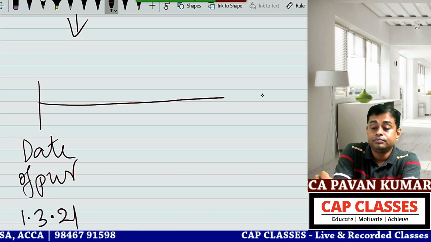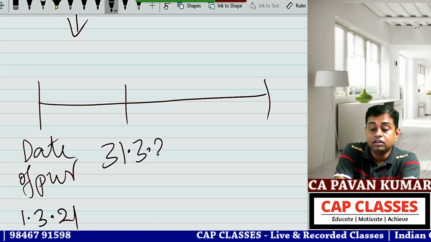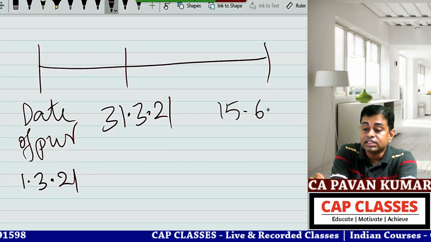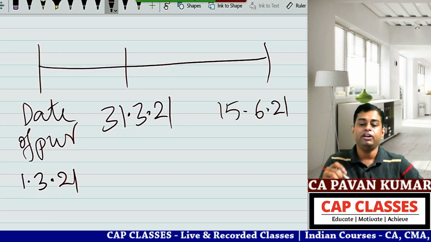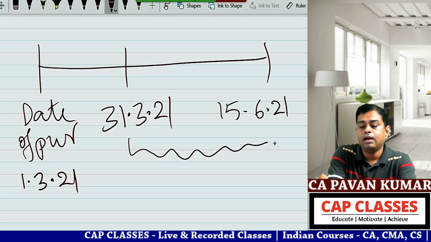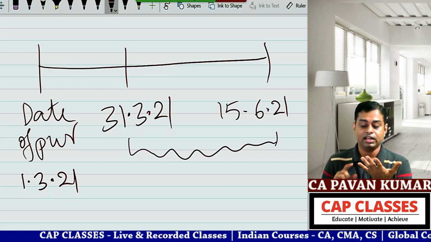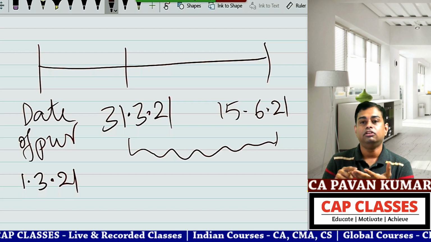So what is the date of purchase? 1/3/2021. This is our balance sheet, balance sheet is 31/3/21. So fixed deposit maturity कब है? 15/6/21. Now our rubber manda will calculate. April, okay. May, okay. June half only, no?